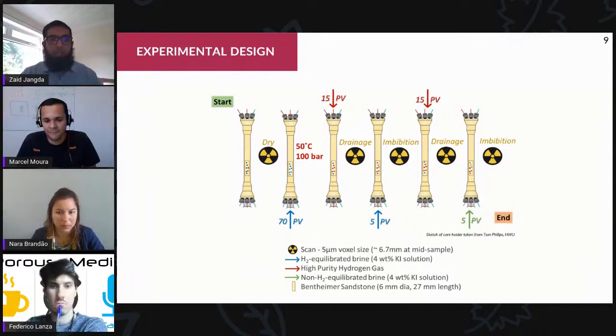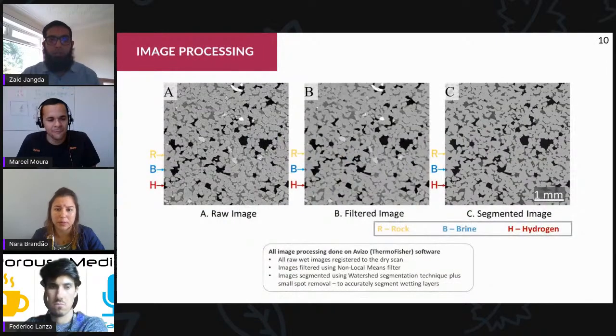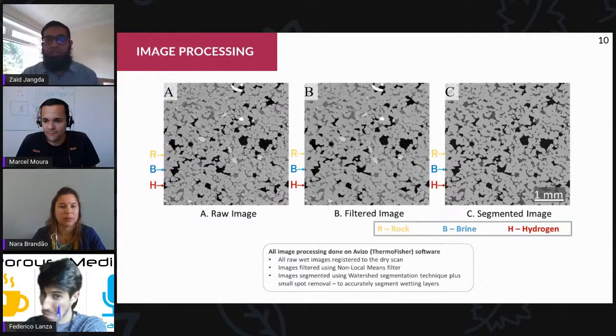Once we finished the ride, once we finished the experiments, we came towards the results, the thrilling results. Again, to have these images analyzed takes a lot of effort. Reaching from the raw image to the segmented image, or from A to C, here it is just on one slide.